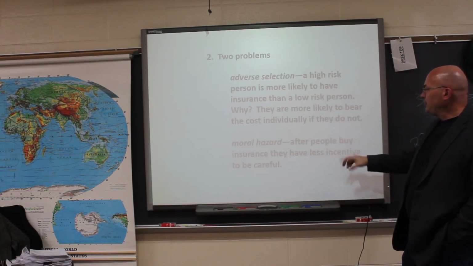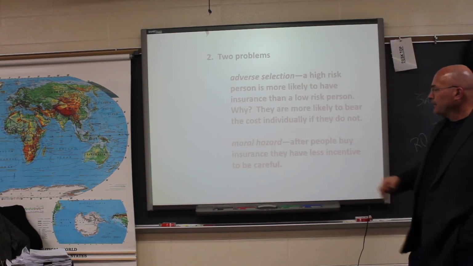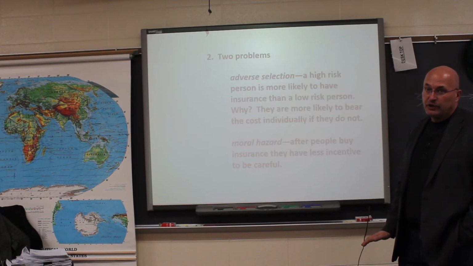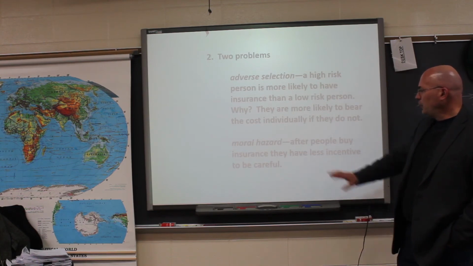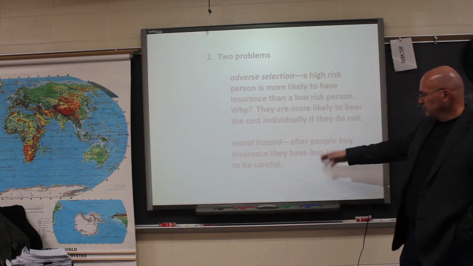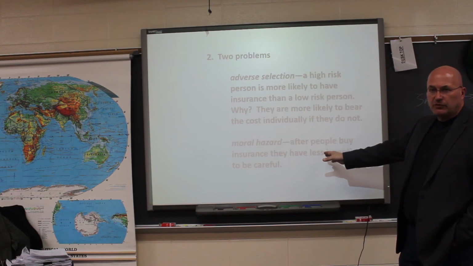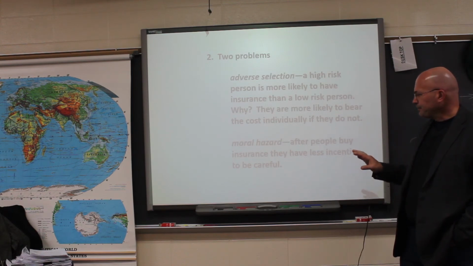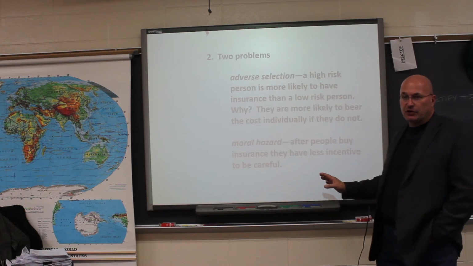The other problem is moral hazard. Now, I've gone out and I've got the car insurance, but because of the car insurance, I say, oh, I'm safe now, so I won't be as careful. An example of this working is when we started to require the wearing of safety belts in cars.